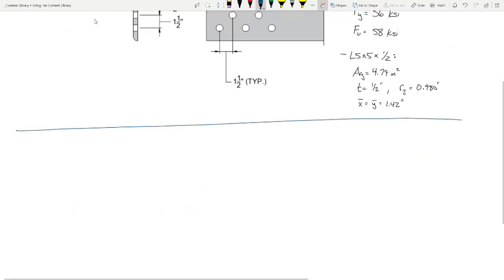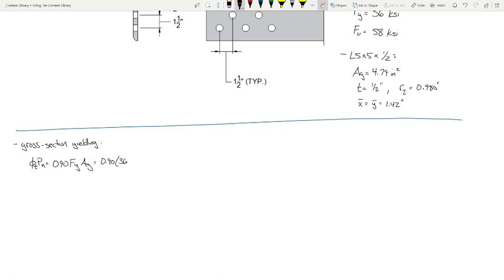So like last time, we were able to go ahead and do gross section yielding. Let's go ahead and do that. So 0.9 Fy Ag: 0.9 times 36 ksi times 4.79 inches squared. φPn equals what?